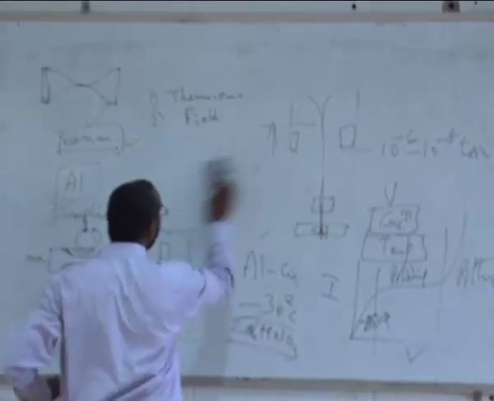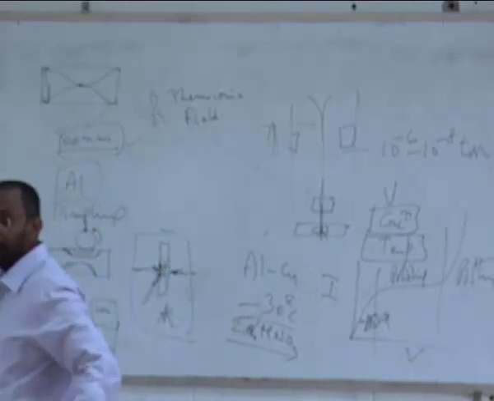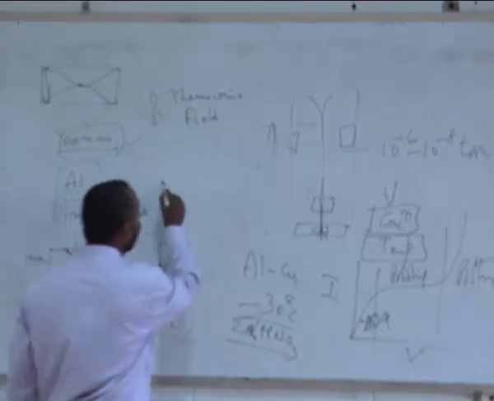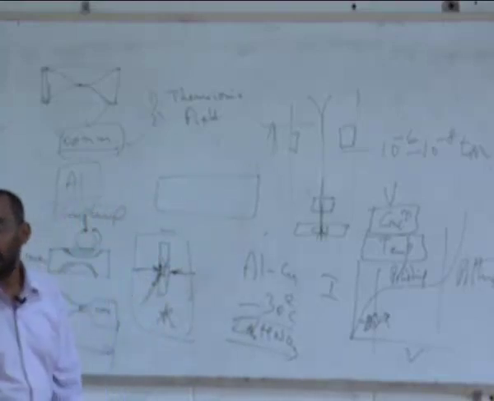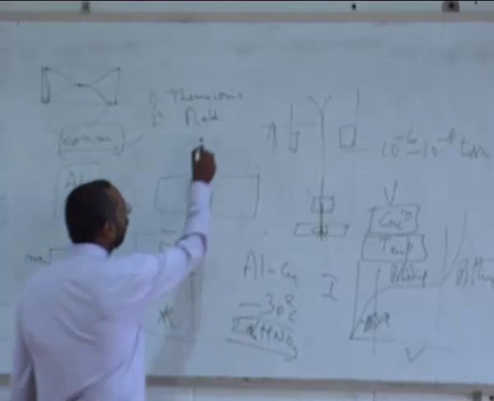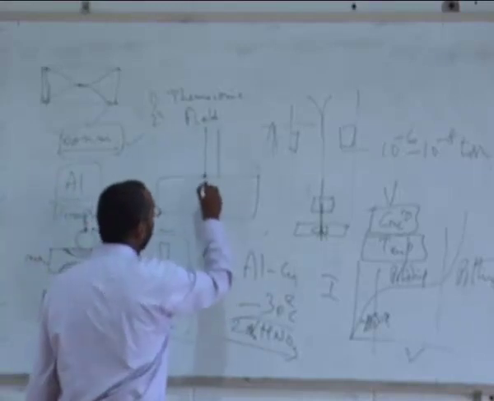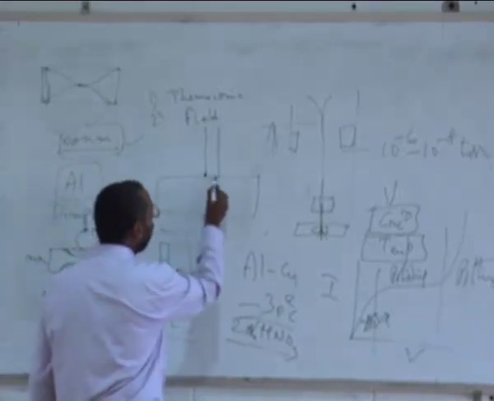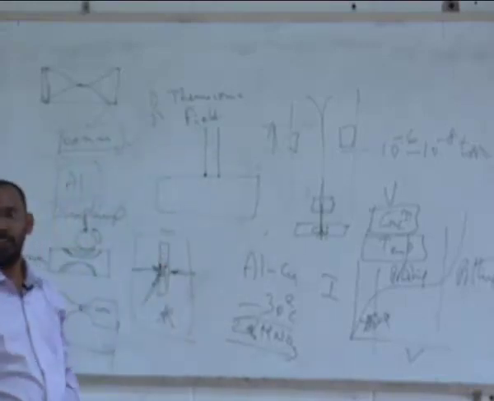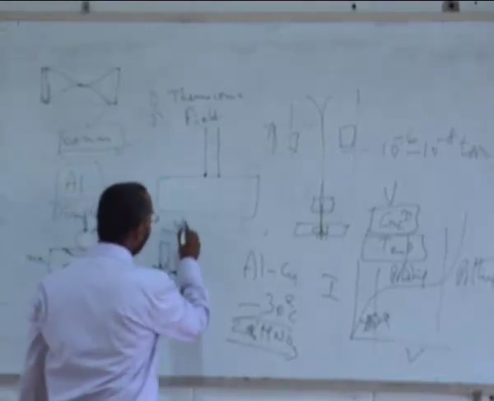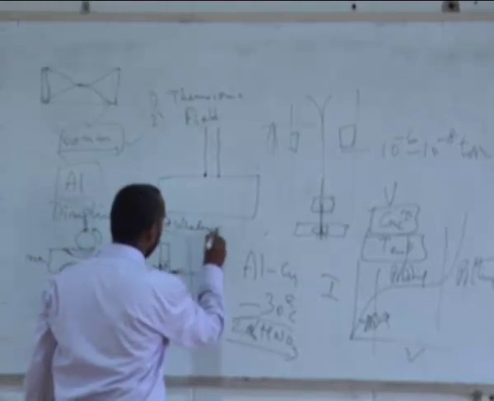Have you ever seen a boring machine? Similar to a boring machine, if you have a plate of this ceramic material, you can use a boring machine with a diamond tool. It's a cylindrical boring machine, which we call an ultrasonic disc cutter.